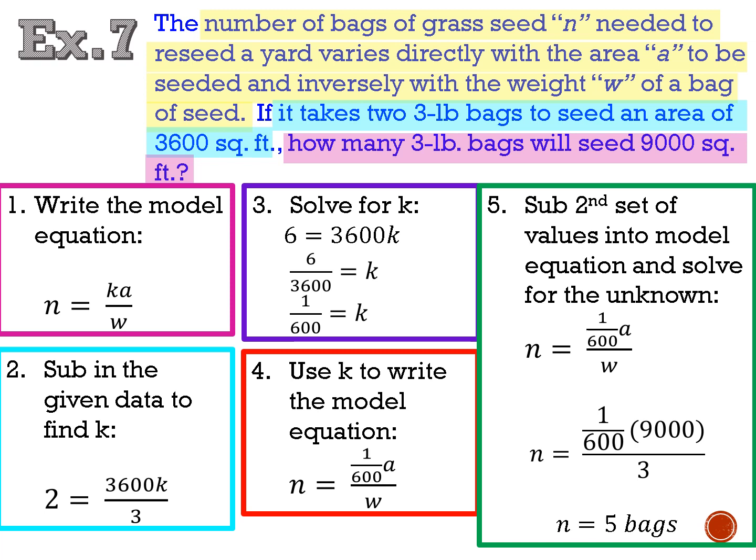So like I said, what I did, and I just didn't show it, is I did 1 over 600 times 9,000, cleaned that up and then divided that quantity by 3. So you might have some fraction work to do off to the side. All right, so we know that we're going to need 5 bags to seed 9,000 square feet.